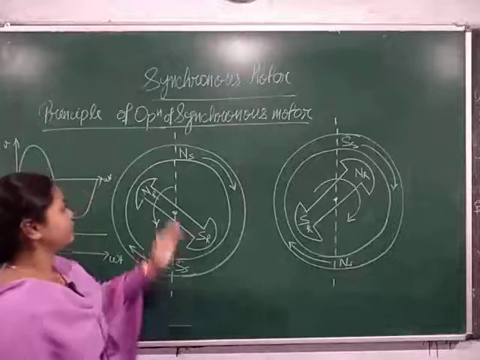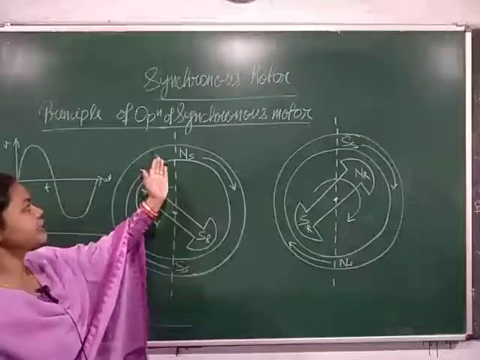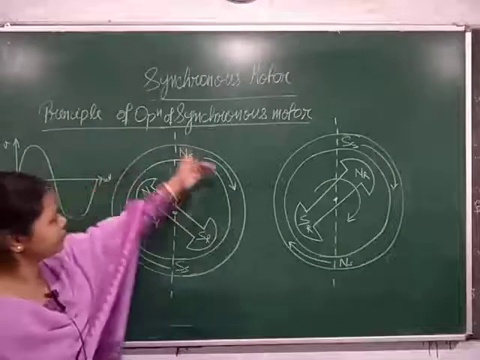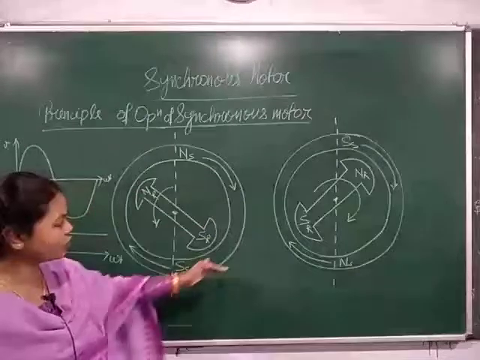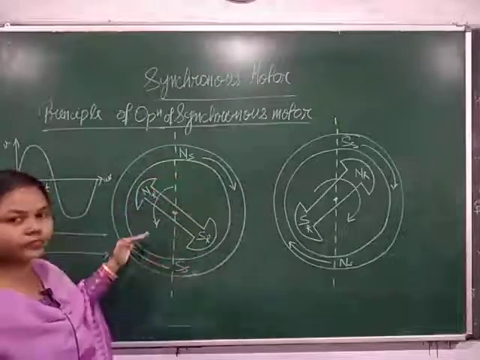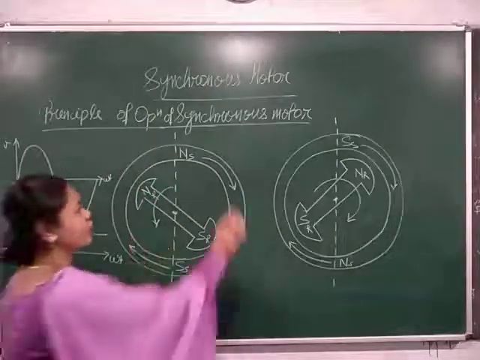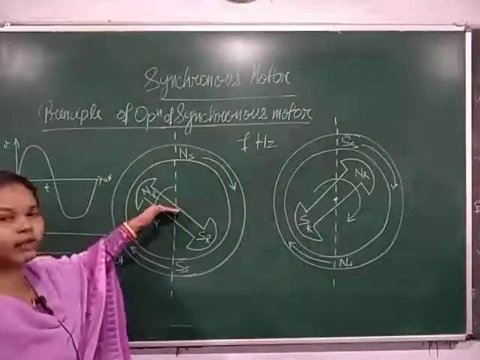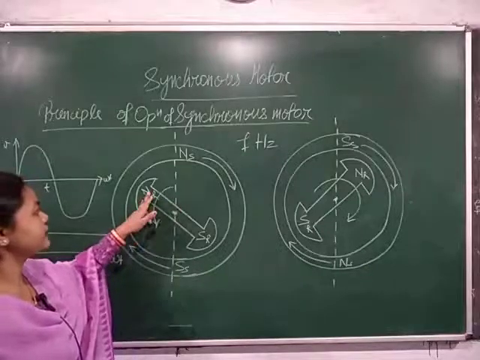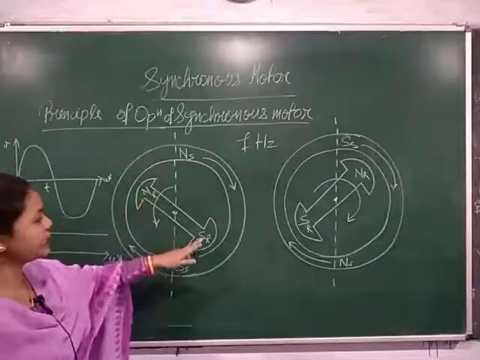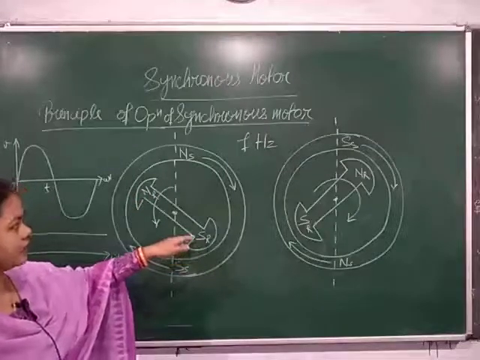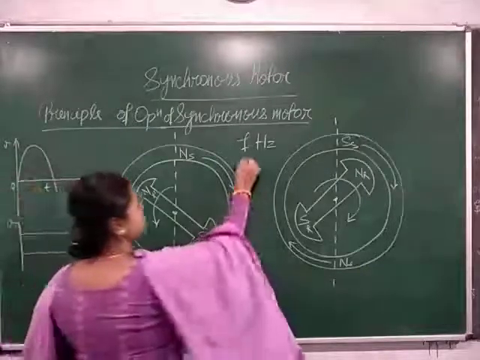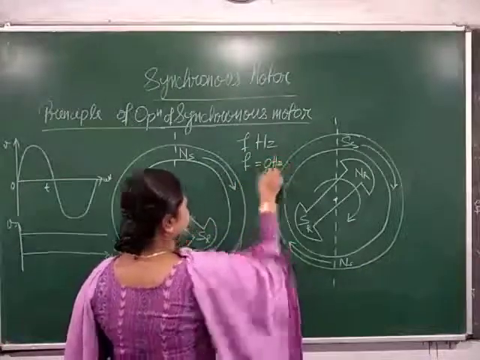So the field created by the stator rotates synchronously, let us say in clockwise direction, with a frequency of f hertz. At that instant, when you excite the field winding, it creates this pole as a north pole and that as a south pole, but it doesn't rotate because it is constant, with frequency 0 hertz. It doesn't rotate.